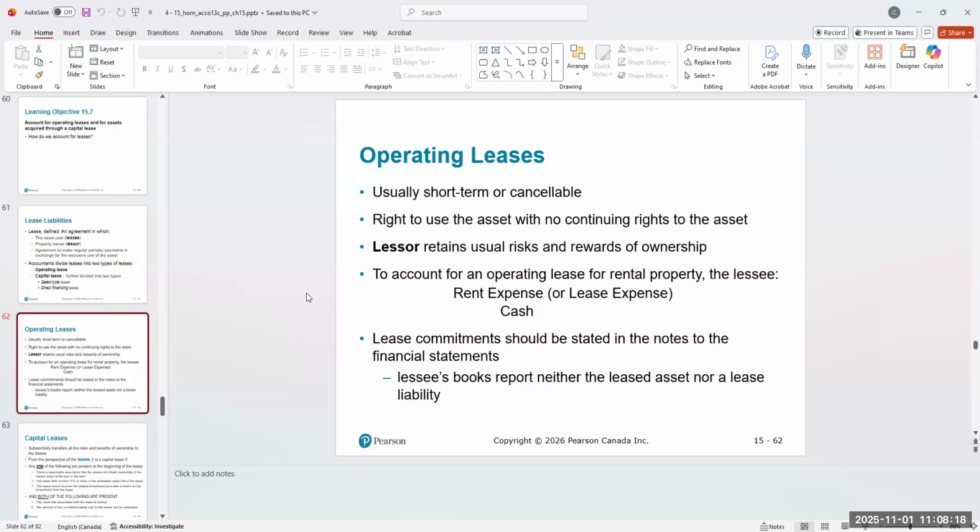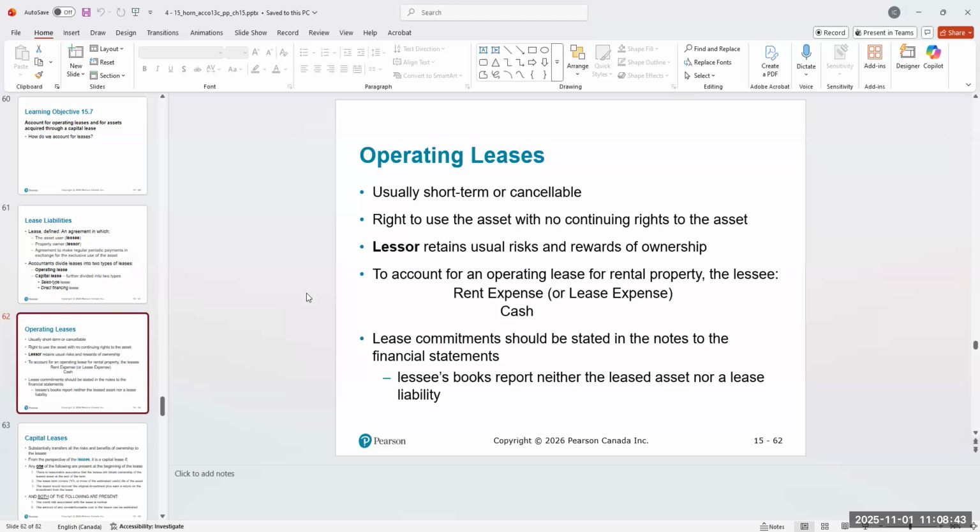So that lease is treated very simply for accounting purposes. Debit expense, credit cash. Is it going to be rent expense or lease expense? That's based on the entity or the company that you're working in. But in general, expense, cash.